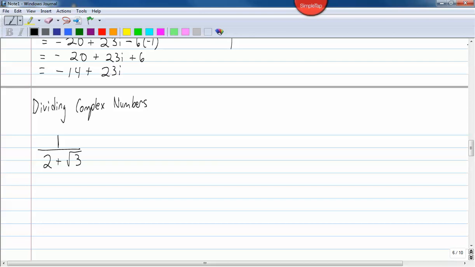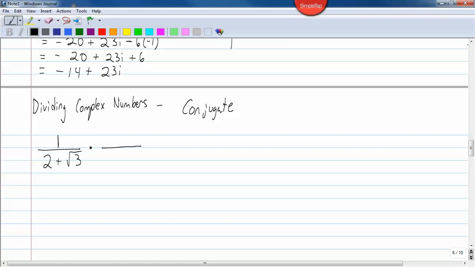Rationalizing a term means that you're getting the radical out of the denominator. Since there's two terms down here, you can't just multiply the top and bottom by some square root. You have to multiply by something we call a conjugate. A conjugate is the same two terms except the sign between the terms is changed.